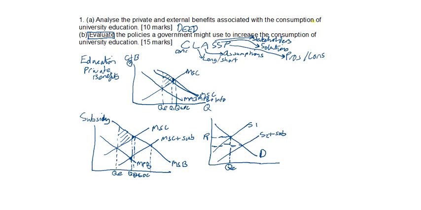So that's P customers, and a new equilibrium quantity, Q1, and then all of this represents a subsidy to the universities, and then we've got producer price up here. So let me just do that again, producer price there.